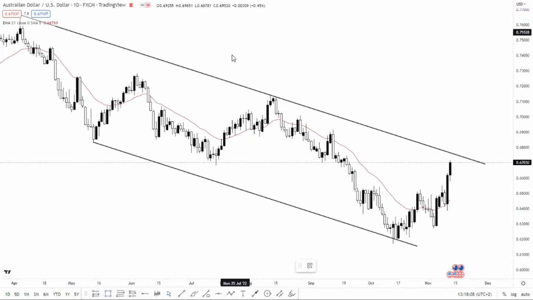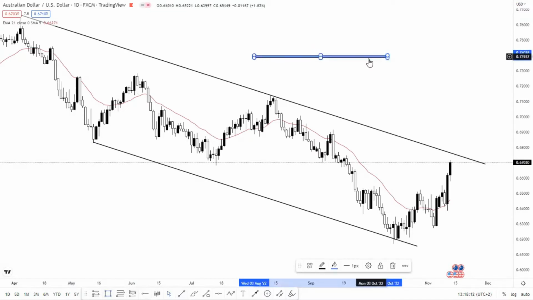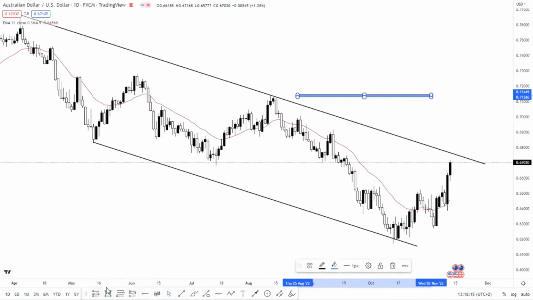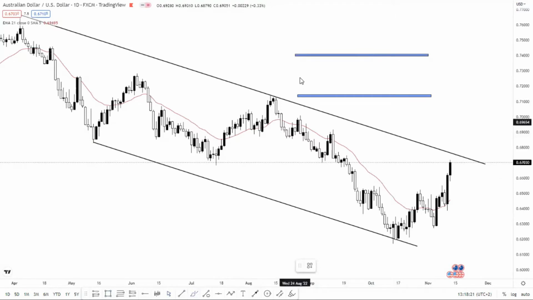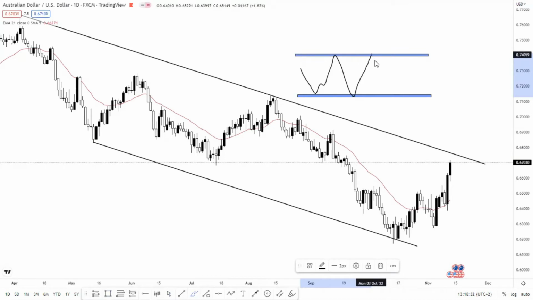As you all know, we have supports, then we have resistance. When the price reaches our support, it bounces and goes up. When it reaches our resistance, it goes down. When it reaches our support, it goes up. When it reaches our resistance, it goes down.